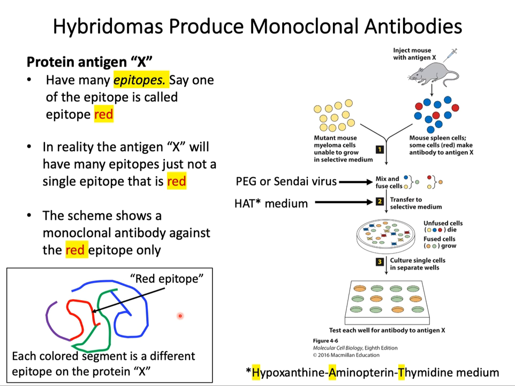Now, when this foreign antigen protein X enters the body, each epitope will be recognized by a different immune cell, and for each epitope, a different antibody will be produced by the B cells or B lymphocytes. Say, for example, you will have anti-violet, anti-green, anti-red, anti-blue antibodies.